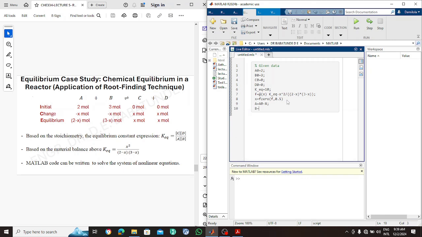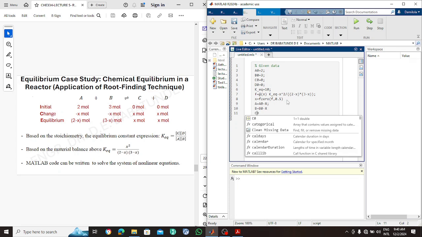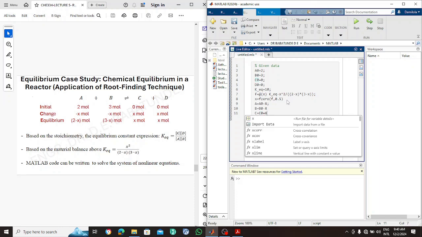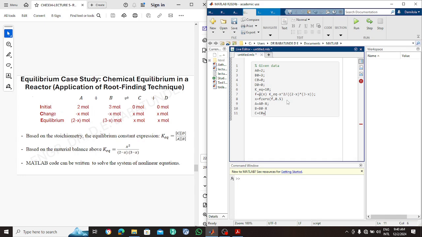B is going to be B0 minus x. And what's going to be the concentration of C at equilibrium? It's going to be C0 plus x. C0 plus x. Sorry, that x is supposed to be a small letter all through.